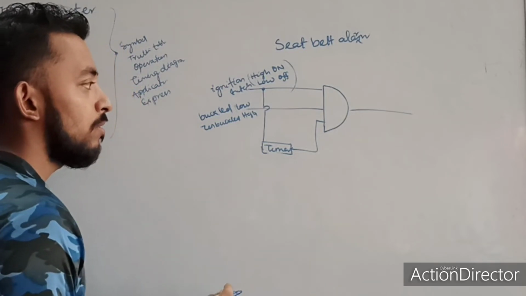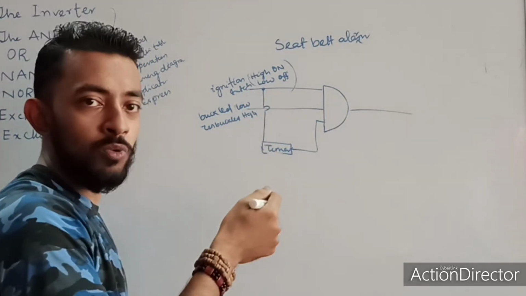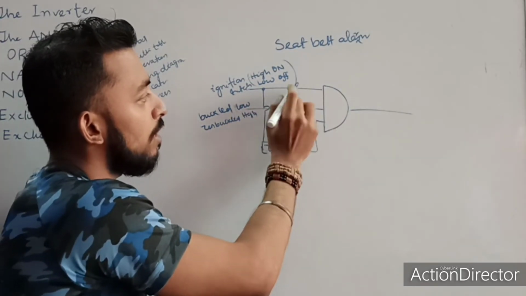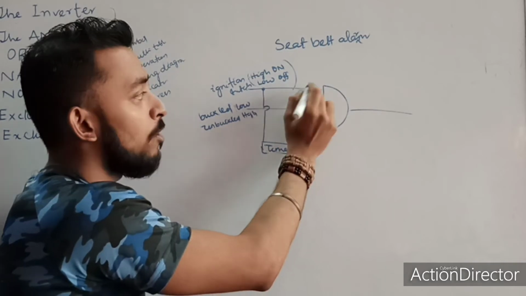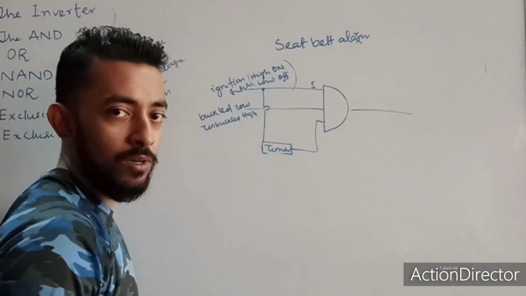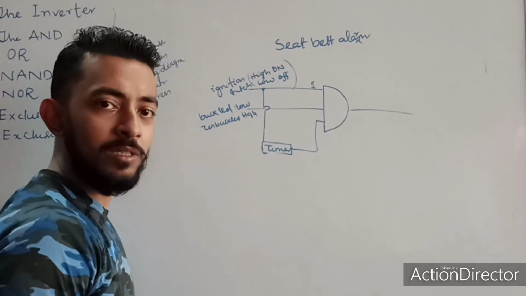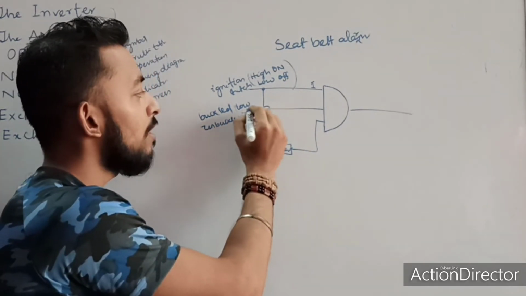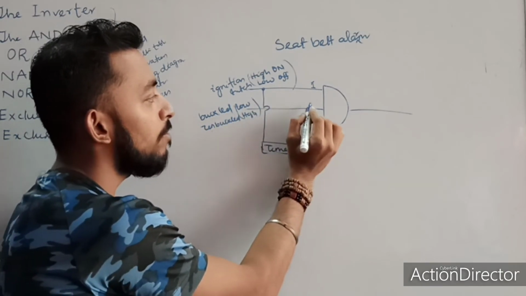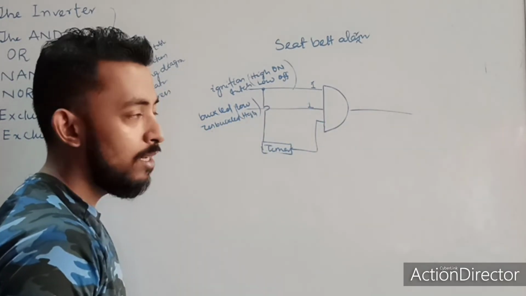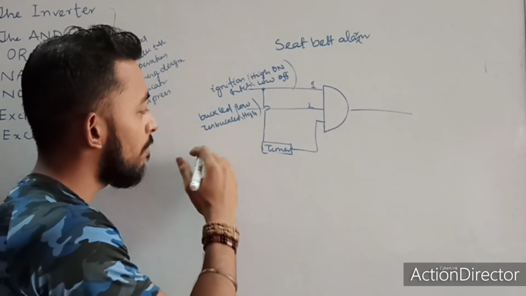Okay, so let me tell you what is happening. Suppose the driver ignites the switch, it means it is on. So if it is on, then this signal is coming with a high value, it is coming 1. Okay, and at this time the driver forgot to buckle his seat belt. Then it is unbuckled. Not buckled yet means it is unbuckled. Unbuckled means it will give me a value 1. Okay, the driver has forgotten to tie his belt.